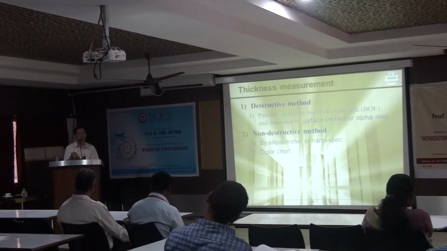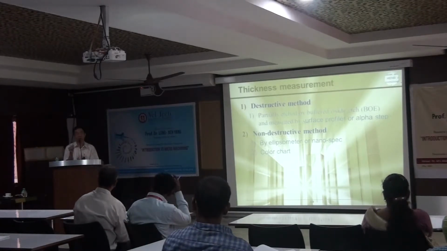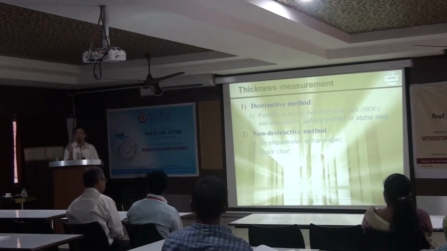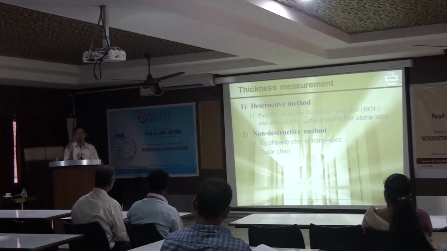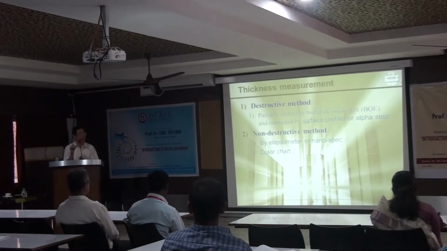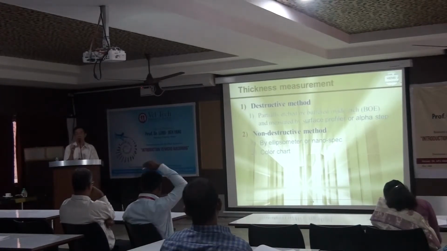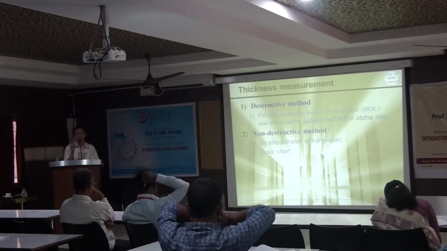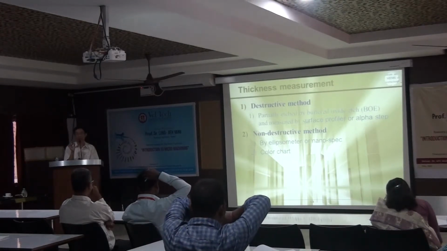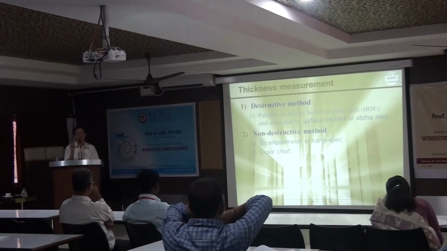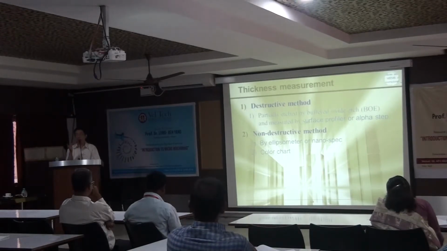If 3,000 angstrom or 0.3 micron, the color is probably like light purple. If your thickness is up to 1 micron, the color will change to light green. So we have measured and compared the surface color.